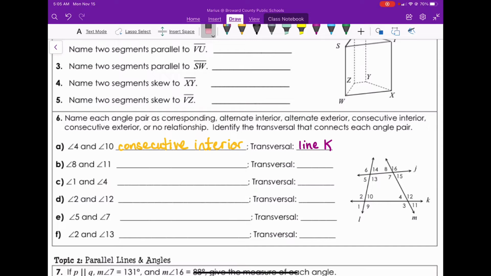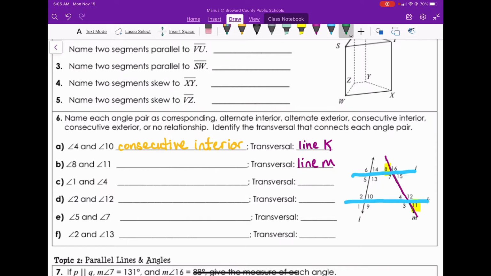Let's go to letter B, 8 and 11. 8 is right here, 11 is down here. They're both on line M. So line M is our transversal, which makes J and K the other two lines.